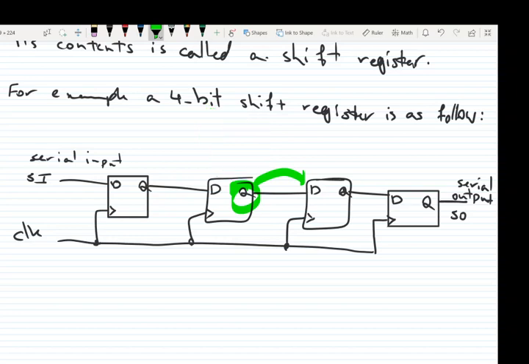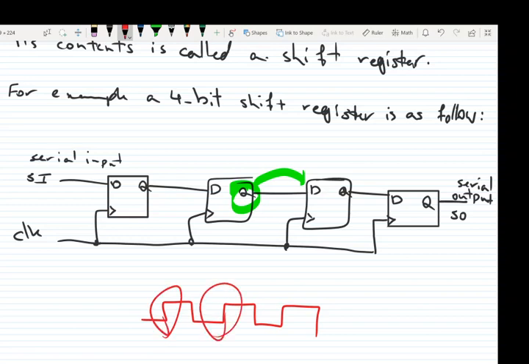So the output of a given flip-flop here is connected to the D input of the flip-flop at its right, as I mentioned. All flip-flops receive common clock pulses, which activate the shift of the data from one stage to the next stage. Each clock signal, let's say rising edge, shifts the data one stage from left to right.